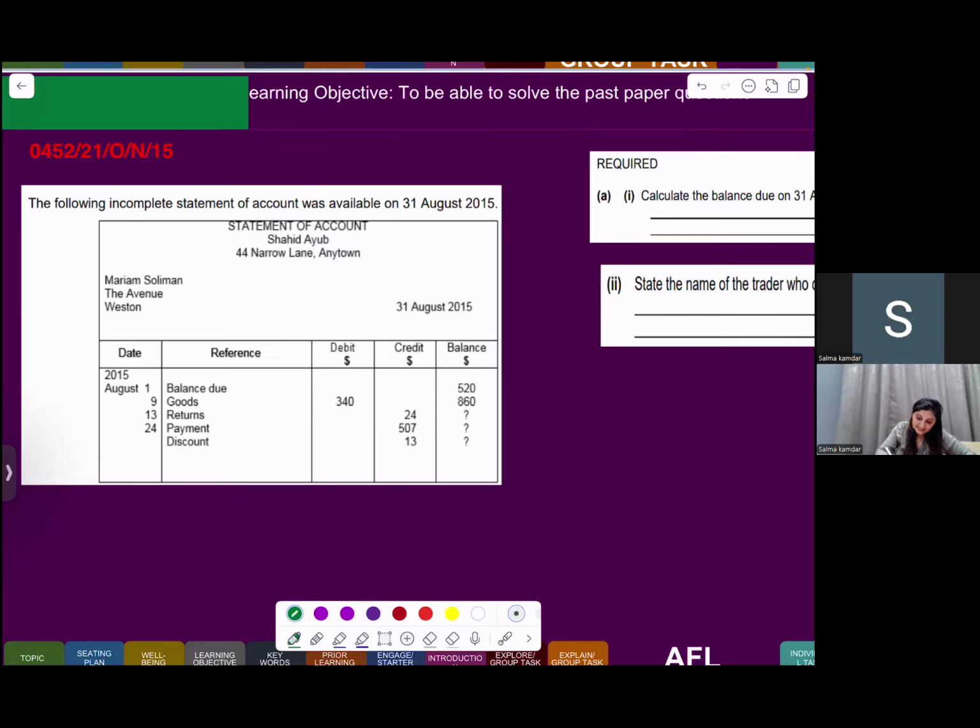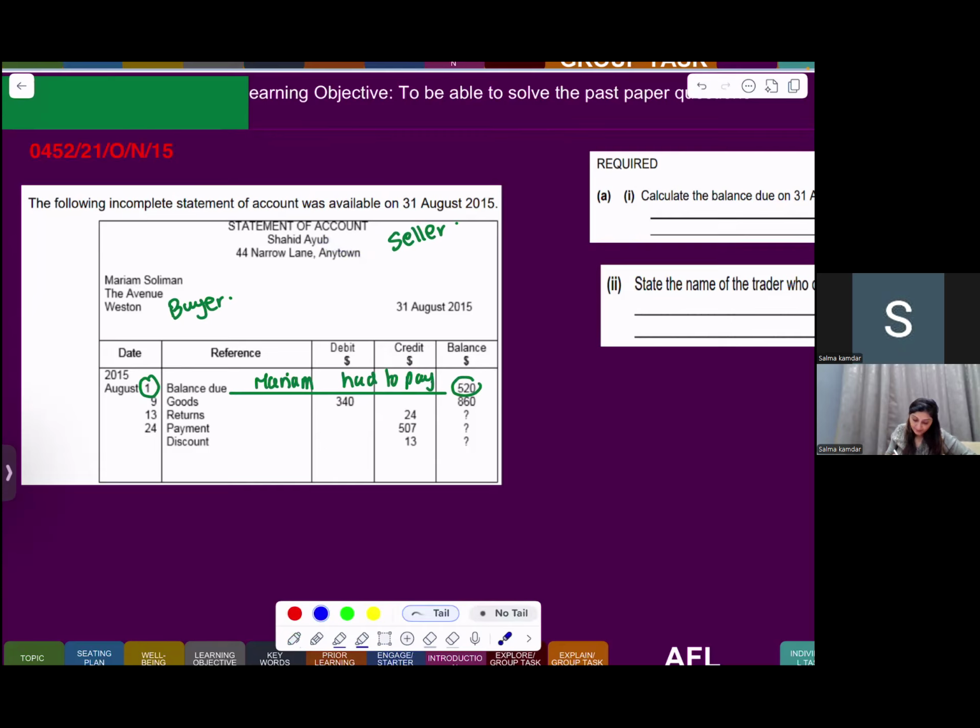It means he is the seller and Mariam is the buyer. On 1st of August, this was the balance that Mariam had to pay.